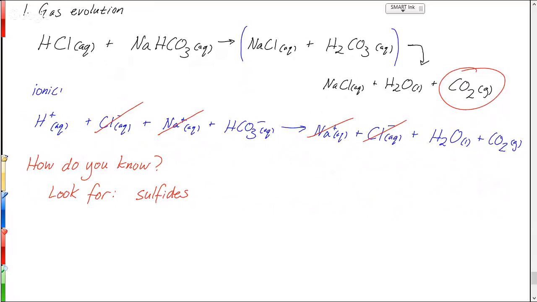So we're going to look for sulfides, carbonates, and bicarbonates. So CO3, HCO3. Sulfites and bisulfites.